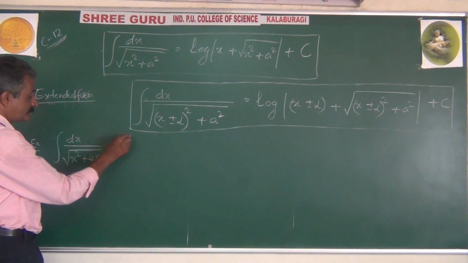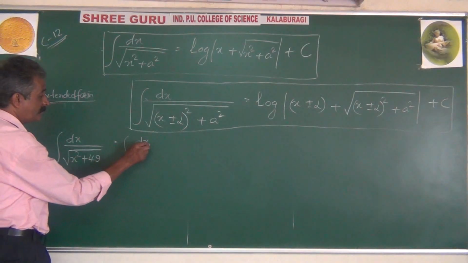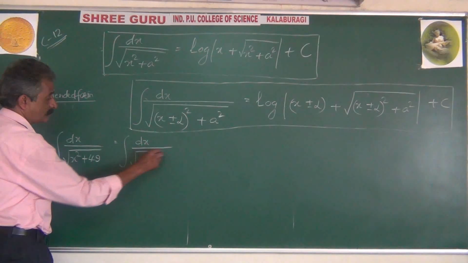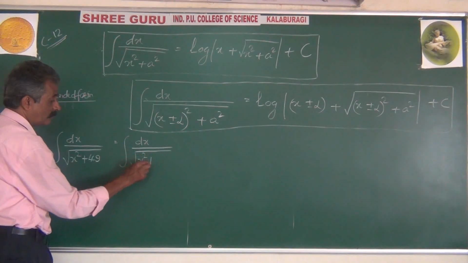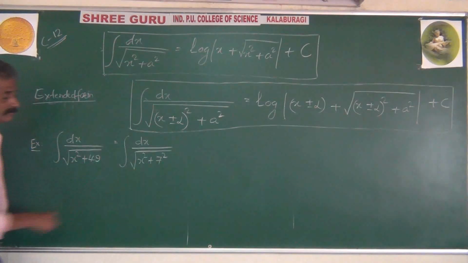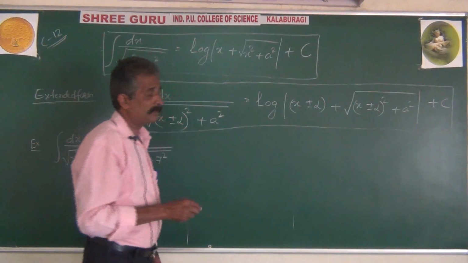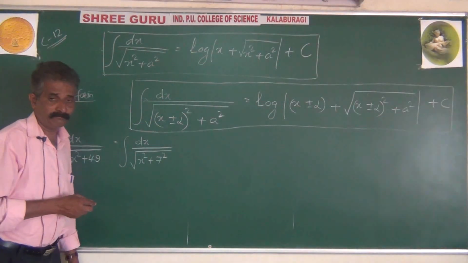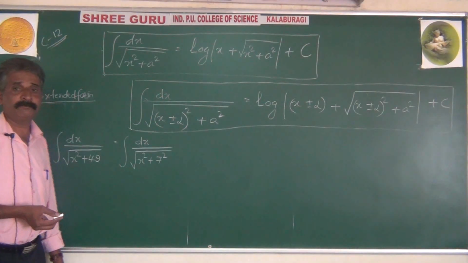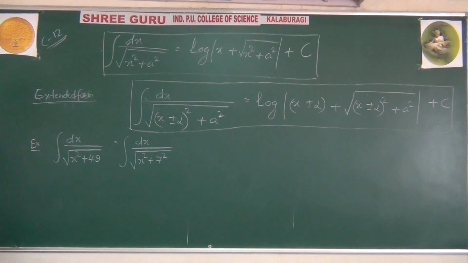That is equal to integration dx divided by square root of x square plus 49, which means how much? 7 square. Here there will be some confusion in the student's mind. It happens only in the initial days, but when you have a lot of practice, there will not be any kind of confusion at all.